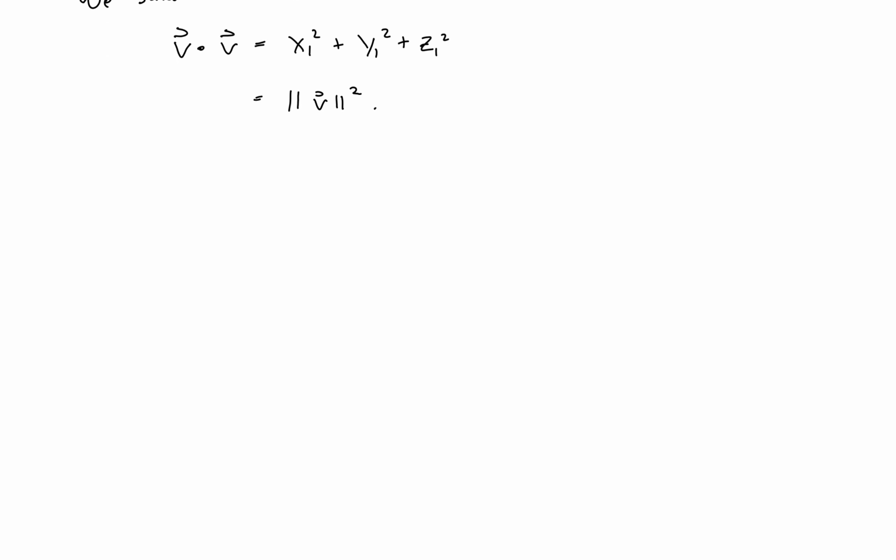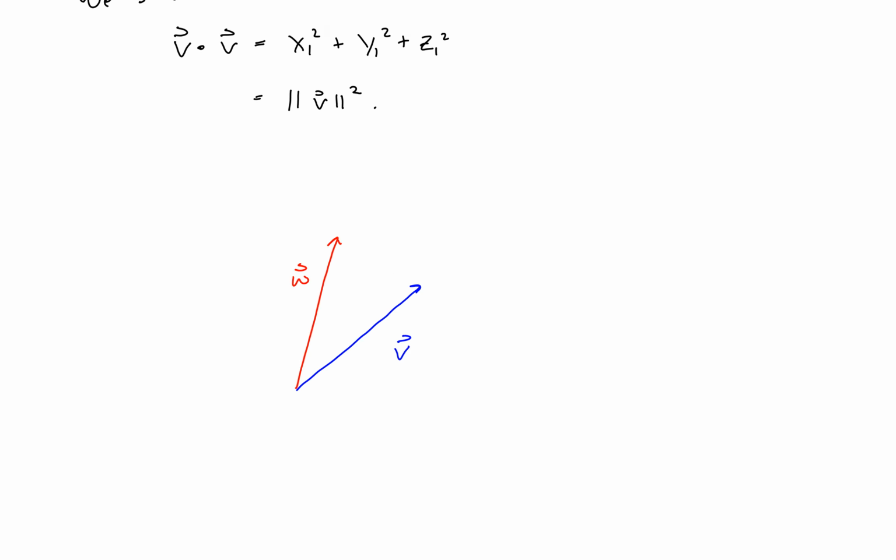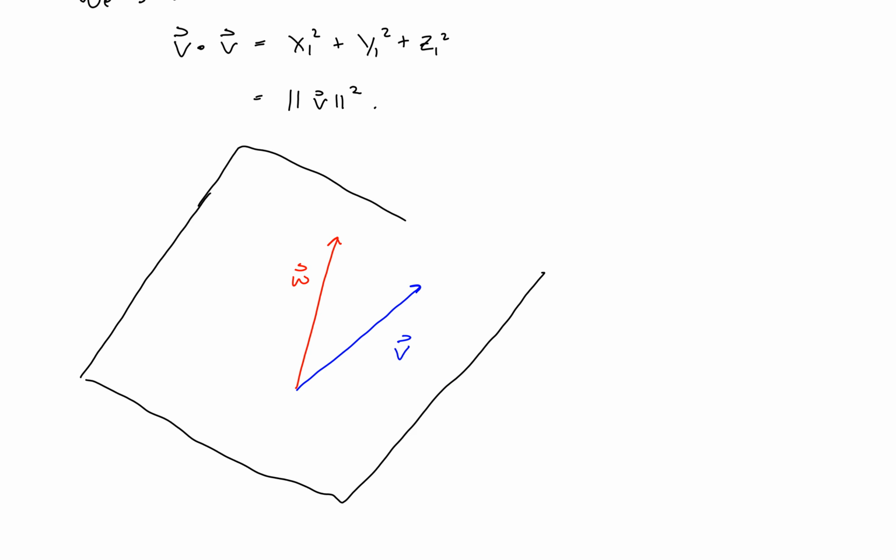So think of our vectors v and w. So let's say we have v here, and say this is w here. So given two vectors, even if they're three-dimensional vectors, they lie in a plane. Let's draw a plane here that these are in. And we can look at the angle between these two vectors here, so theta.